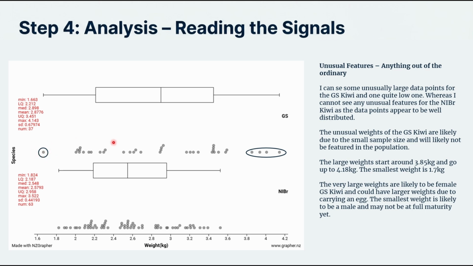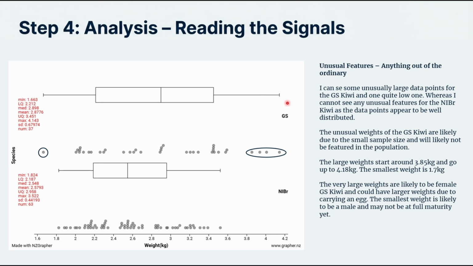We are also seeing a few gaps, but we only have a data set of 37. Our sample is too small to identify if the gaps or even if these unusual features are actually legitimate and that we would see them in the population. Larger sample sizes are usually required to clearly identify unusual features.